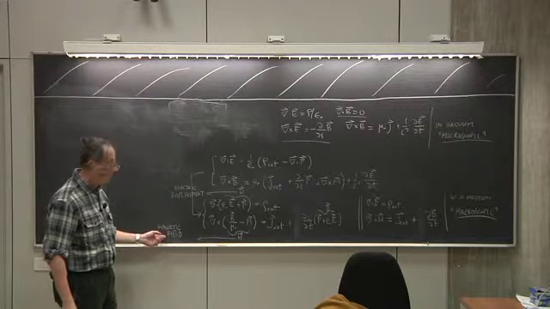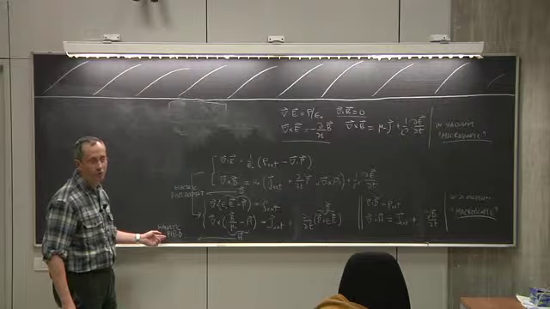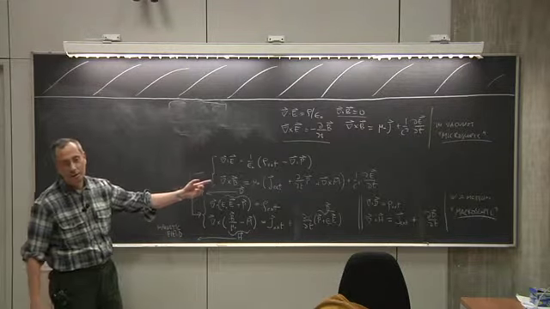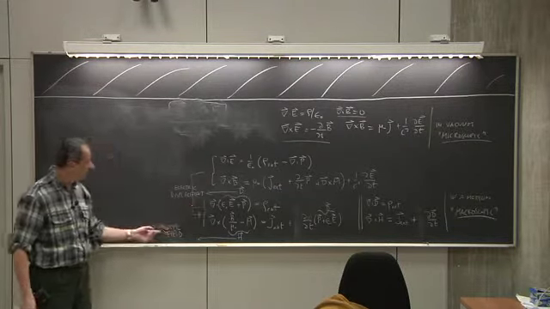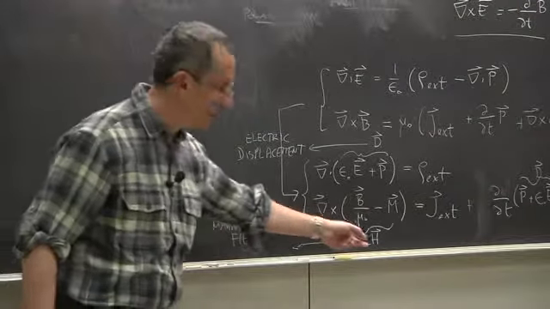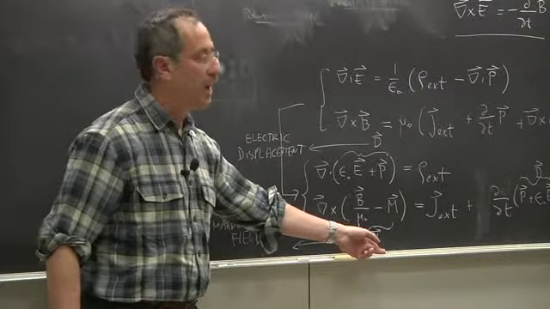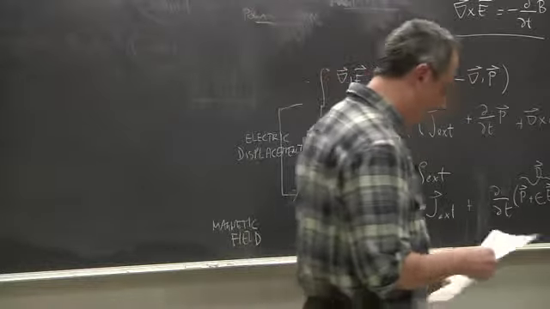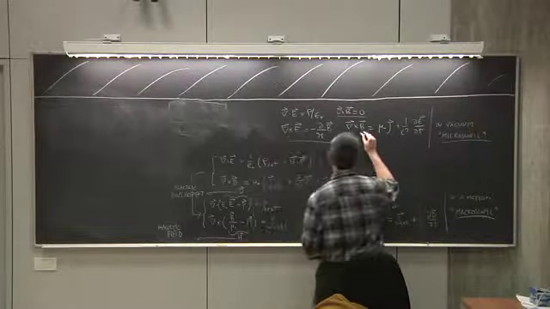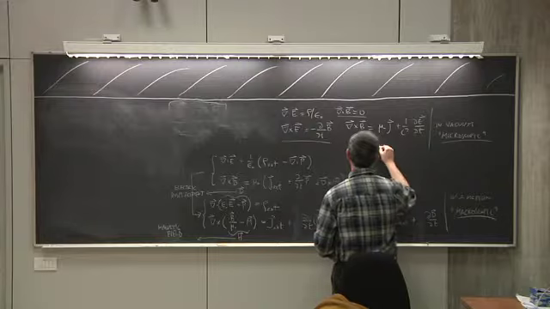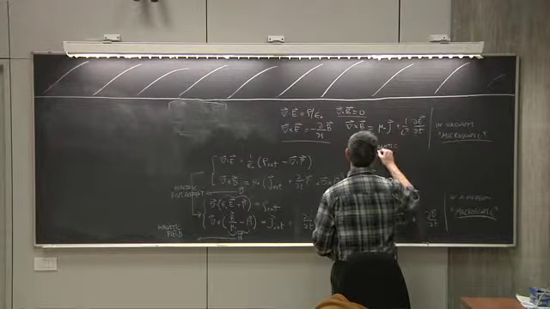But you see, I sort of led you astray because I was calling B the magnetic field, but really what people call the magnetic field is this H. And so how do you call B? This is called the magnetic induction.